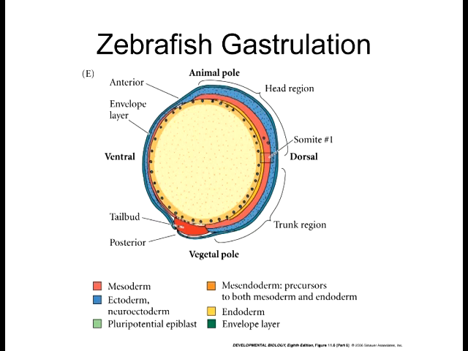Most of the hypoblasts will become mesoderm. Endoderm, it's a little more complex in how it forms, but it does form from the hypoblast, but a good majority of these initial cells that are forming the hypoblast will ultimately end up to be the mesoderm, as you can see here in this layer as it forms. So those are the initial stages of zebrafish gastrulation and setting up of the body plan.